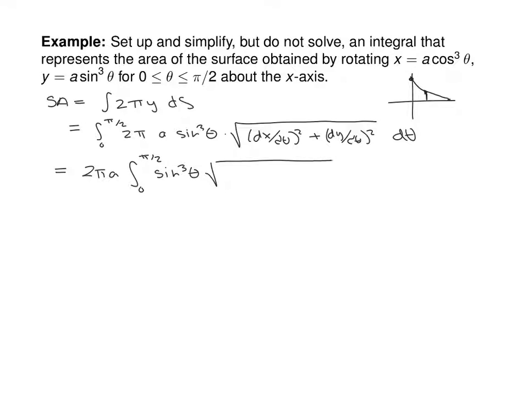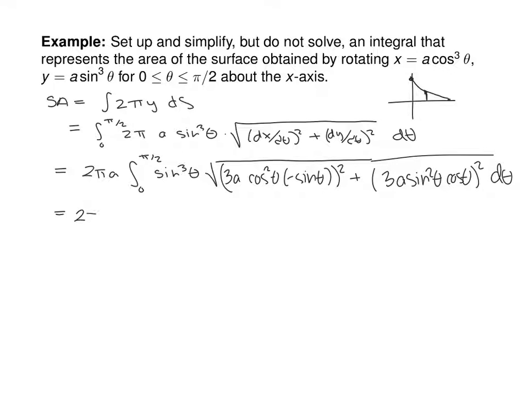All right, dx d theta. Well, dx d theta is 3a cosine squared theta times negative sine theta, that quantity squared, plus 3a sine squared theta times cosine theta squared d theta.